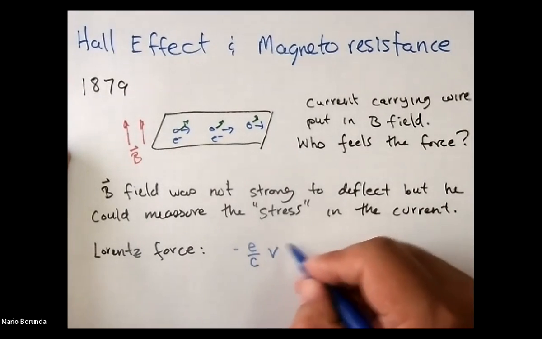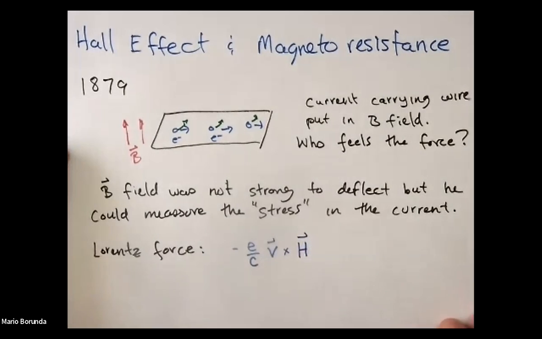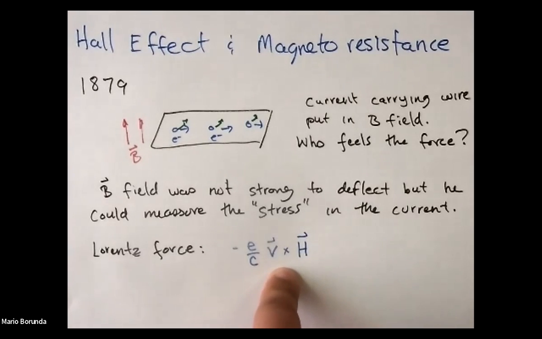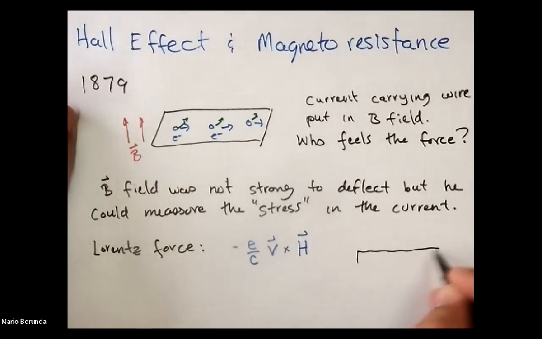And then we have that this is the cross product between the velocity of the charge and this magnetic field. This is the Lorentz force that is experienced. And let me make sure that I get the geometry correctly.